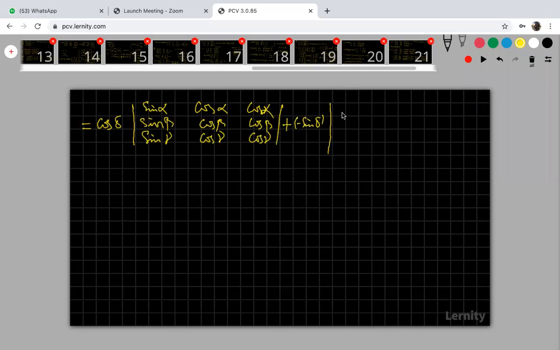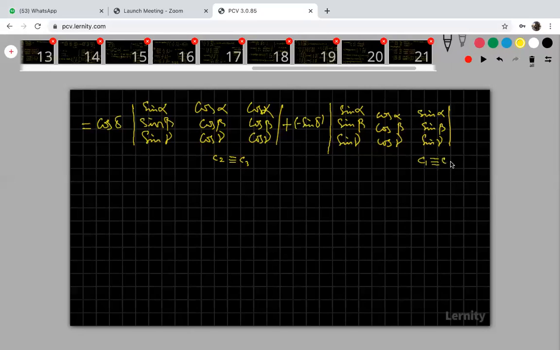The columns are sin alpha, sin beta, sin gamma, then cos alpha, cos beta, cos gamma, and then sin alpha, sin beta, sin gamma. So here the second and third columns are identical, and here the first and third columns are identical.